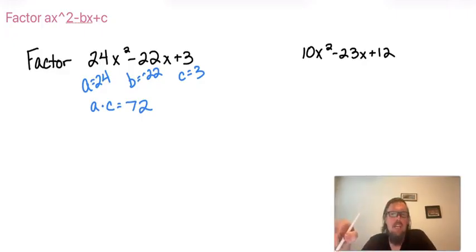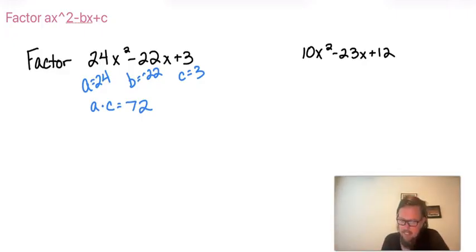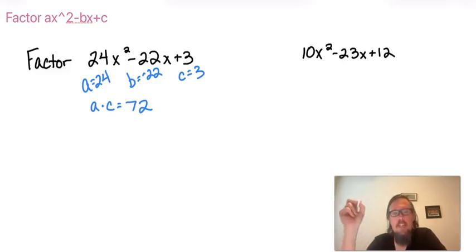So that means we're going to have two negative numbers. The only way you could have a product that is positive and a sum that is negative is if you have two negative numbers. So two negative numbers that'll give us a sum of negative 22, but a product of 72.